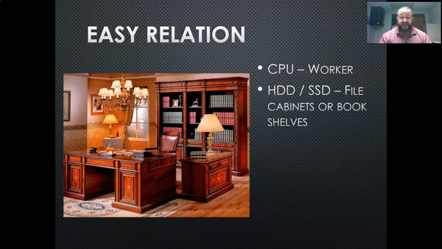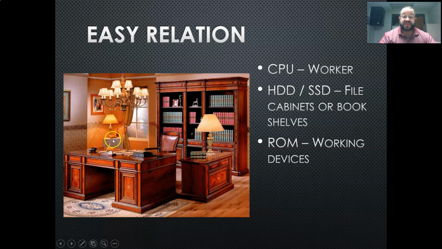Then you have places to store things. We talked about the hard disk drive and storage devices, or flash media devices that store things. Think of the bookcase as where you reference materials that have been stored and saved, and instructions. Kind of like that bookcase in the back there. Then you have various working devices, maybe like a telephone.